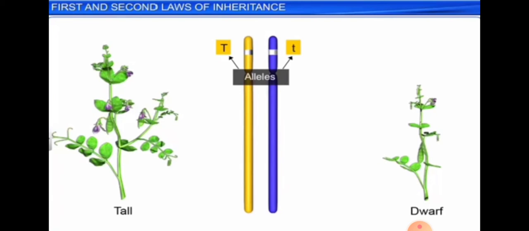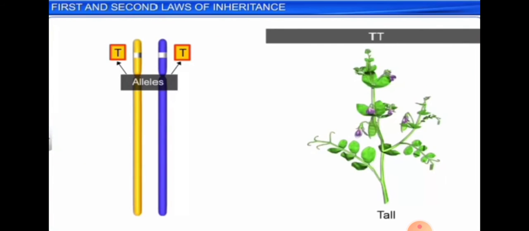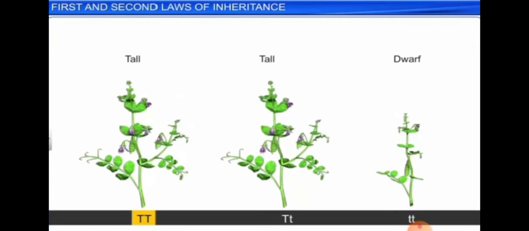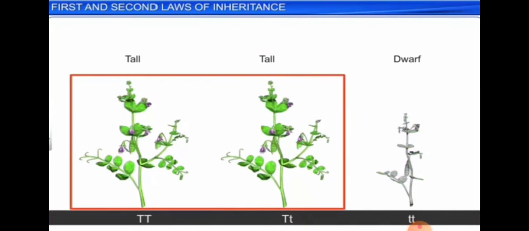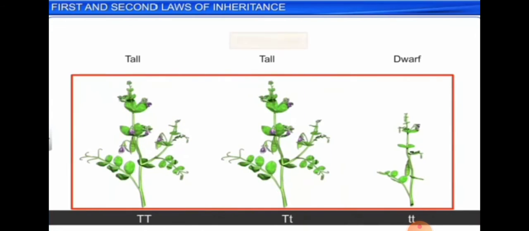Therefore, the pairs of alleles for height in plants would be capital T capital T, capital T small t, and small t small t. These are the genotypes of the plant, and the descriptive terms tall and dwarf are the phenotypes.